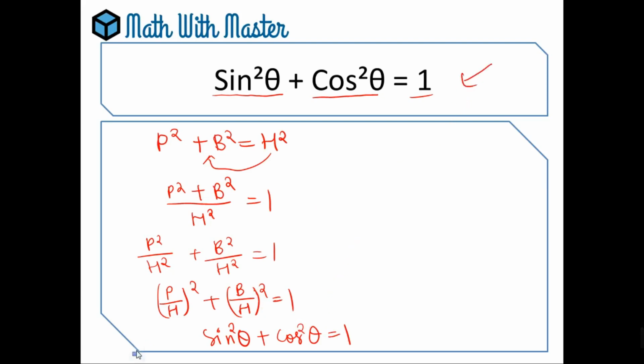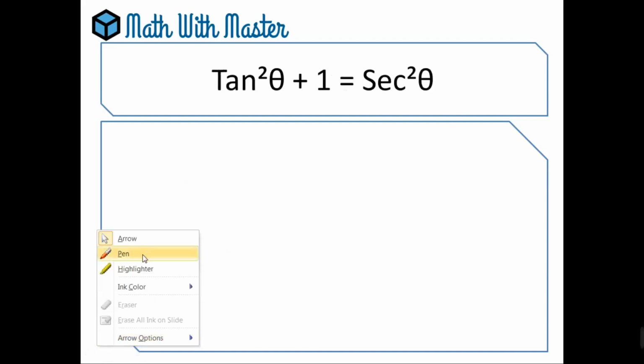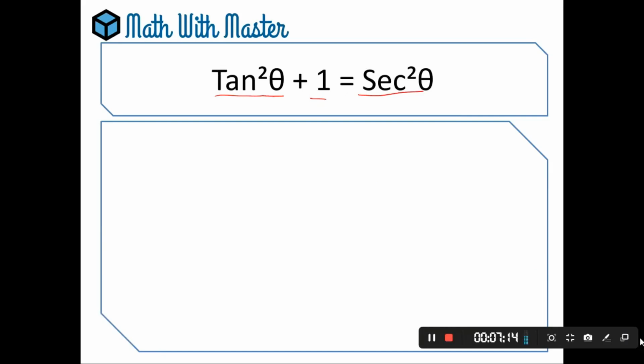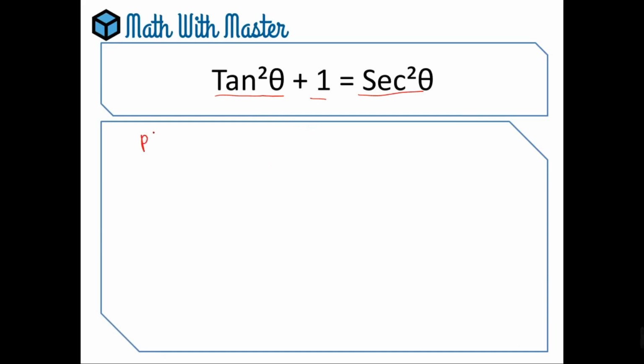Now we will derive the next formula: tan² θ plus 1 equals sec² θ. How do we derive this? From the Pythagoras theorem, perpendicular squared plus base squared equals hypotenuse squared. Now we divide both sides by base squared.